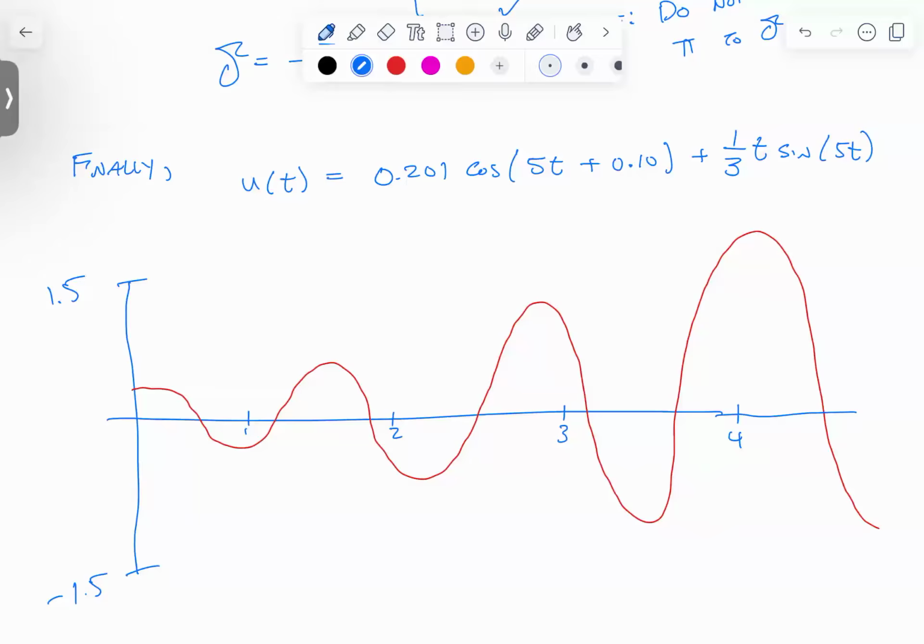This forcing function becomes more important than the other piece. But with resonance, it grows over time. So they're actually really great functions. That's cool.